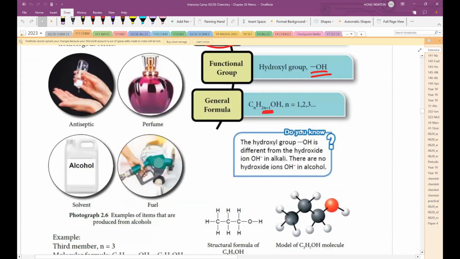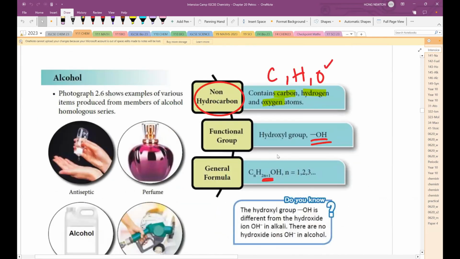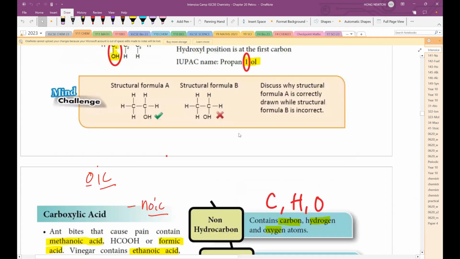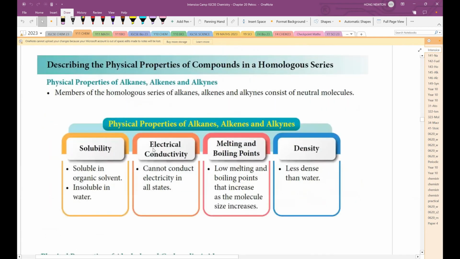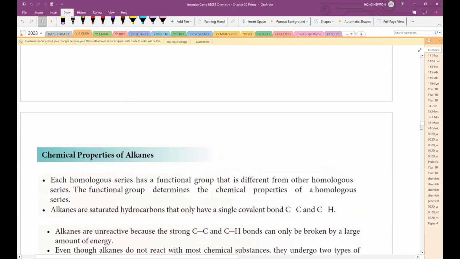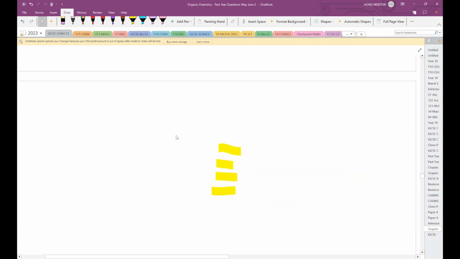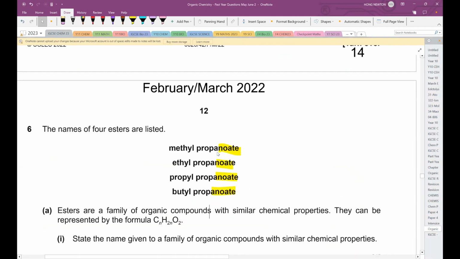Alcohol, we always have the OL at the back. Carboxylic acid, normally we will have the OIC at the back. And ester, correct? Ester will always have the OATE. So the propanoate over here is considered the ester group.